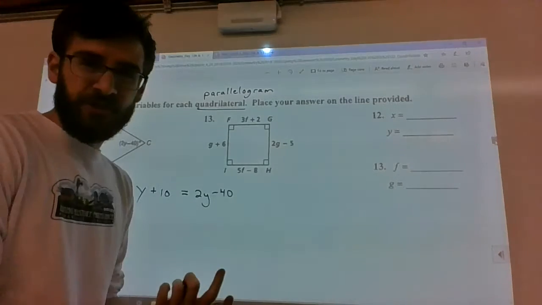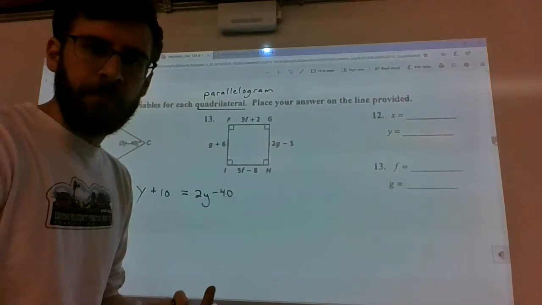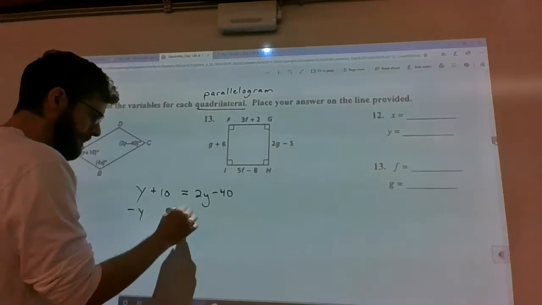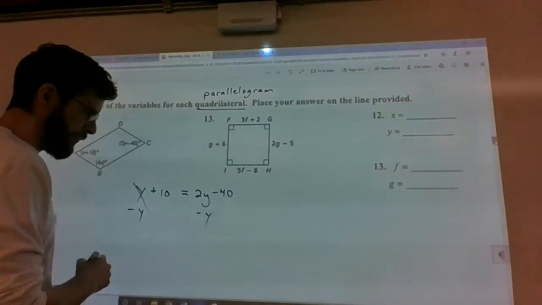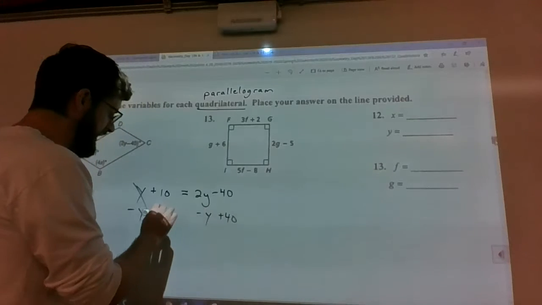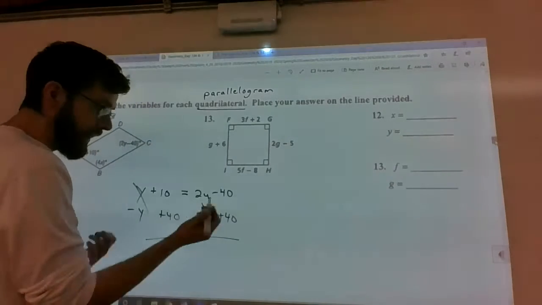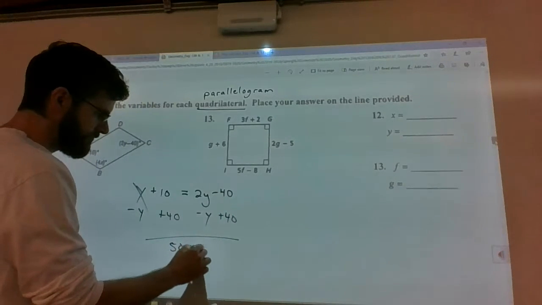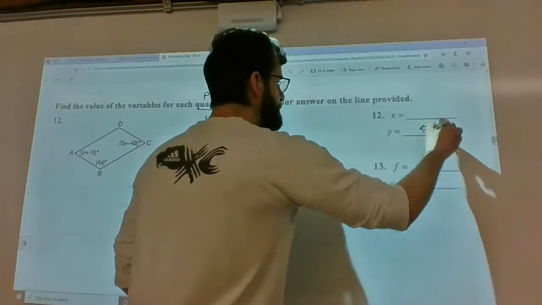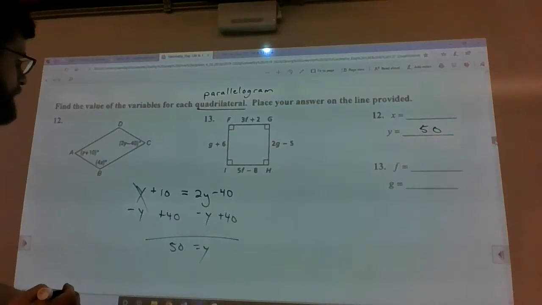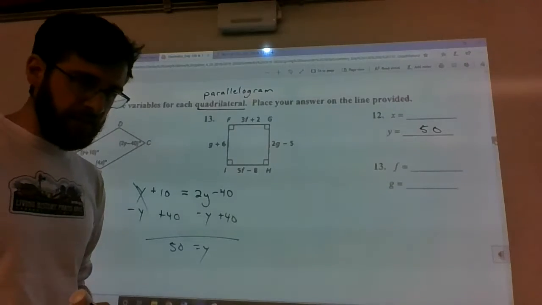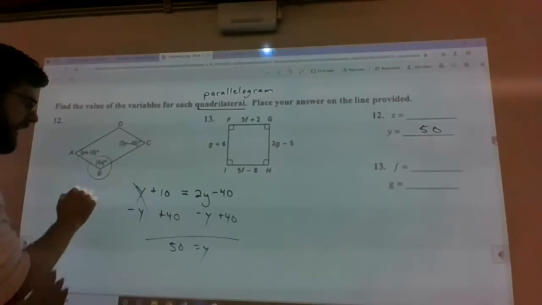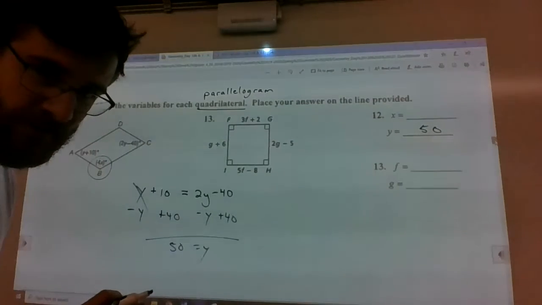Which, at this point, solving equations is pretty basic and easy for most of us. Get the y's over to the right, move the 40 to the left. Y equals 50. Now the second part of this angle right here is 4x.